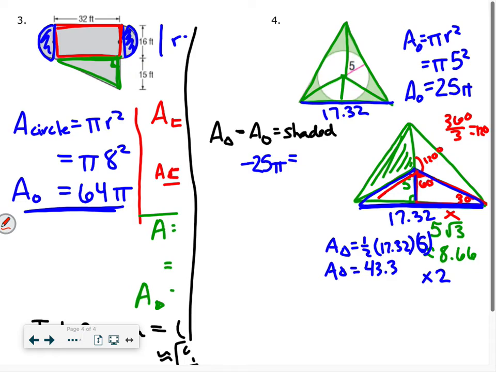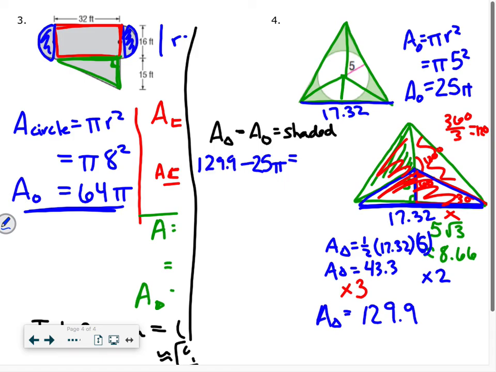Because we have 3 of them, 1, 2, 3, we need to multiply that by 3 to get the large triangle. So the area of the whole large triangle, when we multiply by 3, is 129.9. So we're going to substitute that into our formula up here, 129.9.